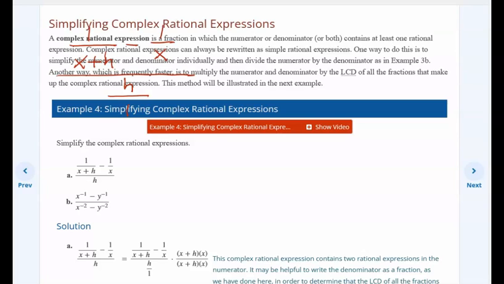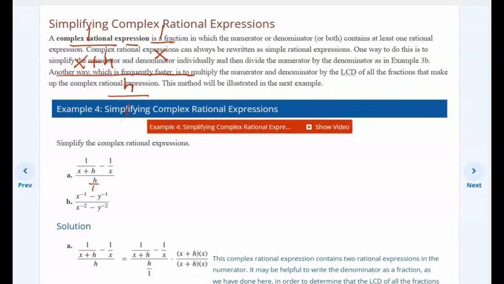Okay, what I've done is I've carefully copied what was there, but notice I changed this to h over 1. Now there is a 1 there, we just don't write it usually. But now you see this is a complex fraction over a complex fraction.